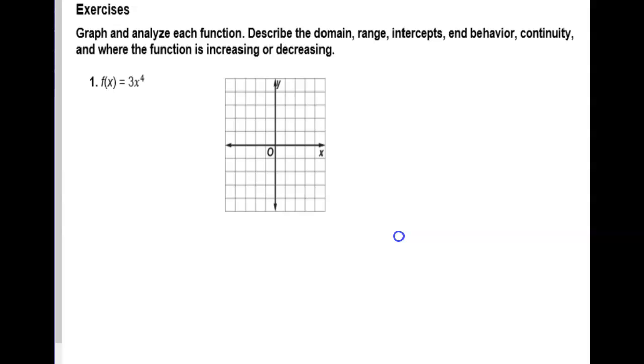All right, 3x to the 4th, you have this example. If you plot this, you can type it in your calculator if you want. Give me some ordered pairs, anybody? 0, 0. If you put in a 1, what are you going to get out? Put in a negative 1, you're going to get out a 3, right? Everybody with me?